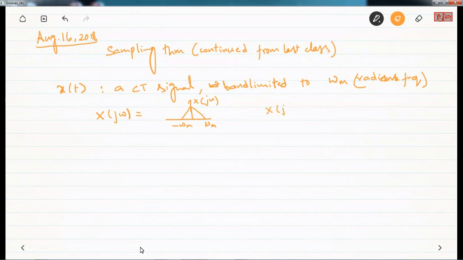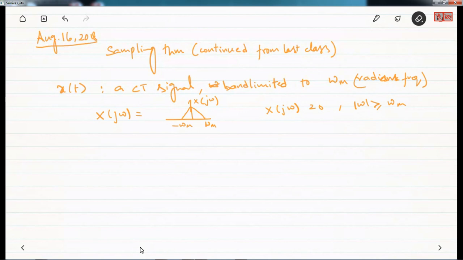So X of j omega is 0 for omega greater than or equal to omega m, meaning for minus omega m to omega m. So we have taken that signal and we tried to sample this signal.